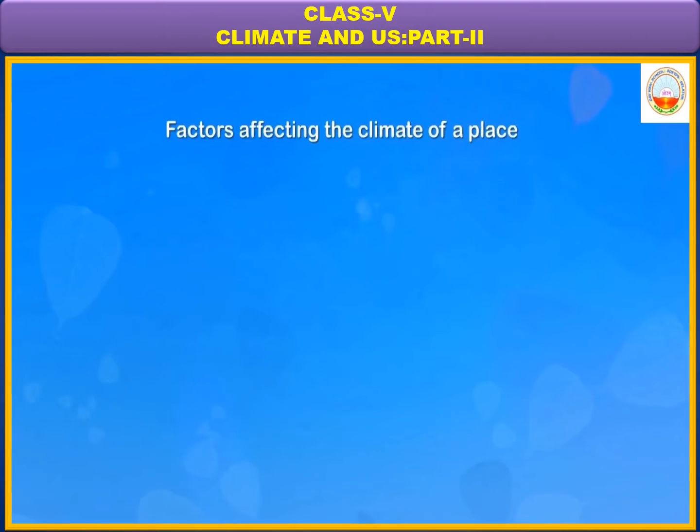Perhaps it is hot, dry, and sunny today where you live, but in other parts of the world it might be cloudy, raining, or even snowing. Why is there such a vast difference in the climatic conditions in different parts of the world? Let us explore different factors that affect the climate of a region.